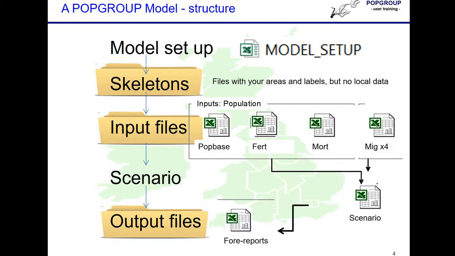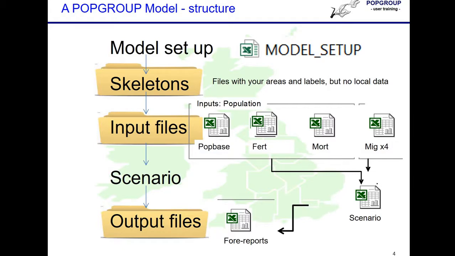The skeleton files contain all of the Excel files for the various parts of your projection, so your population base and the files that will contain assumptions around fertility, mortality, and migration. But crucially, these skeleton files don't contain any data. You can add the data into those skeleton files yourself.